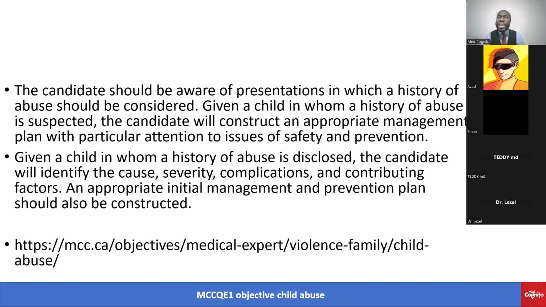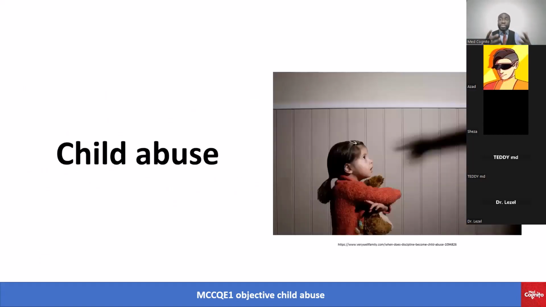Given a child in whom a history of abuse is disclosed, the candidate will identify the cause, the severity, the complications, and contributing factors. An appropriate initial management and prevention plan should also be constructed. So you realize that they talked about treatment and an appropriate management plan here, and they are talking about it here as well. And it's all in the MCC objectives. I'm just quoting from the MCC objectives.